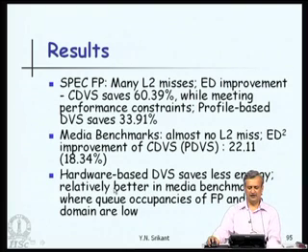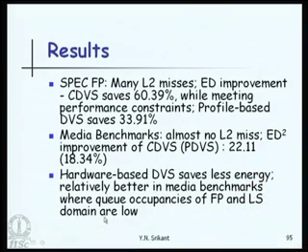So, in general hardware based DVS saves relatively less energy, but it is better in media benchmarks, where the queue occupancies of the floating point and load store domains are very low. That is why the profile based hardware technique gives slightly better results there. Our technique is found to be very good if there are many misses, such as L2 misses in the SPEC FP benchmarks.